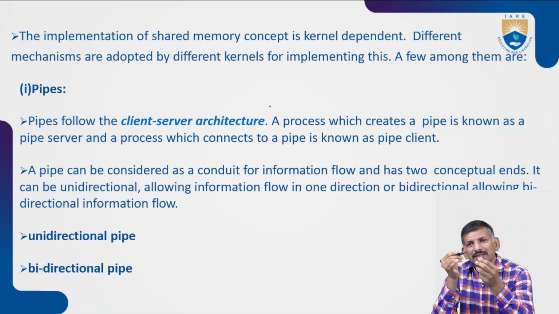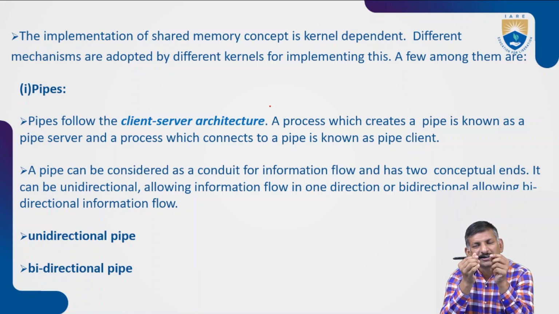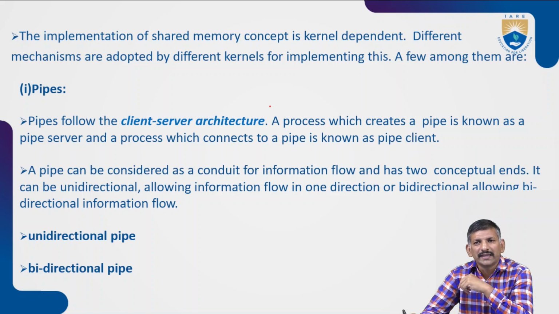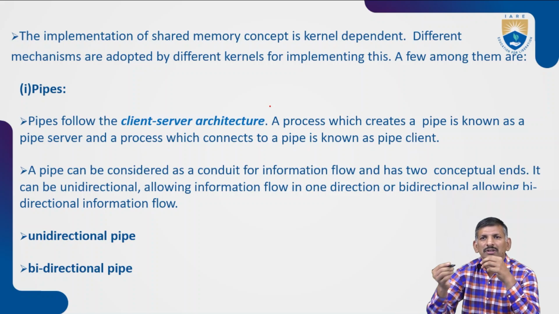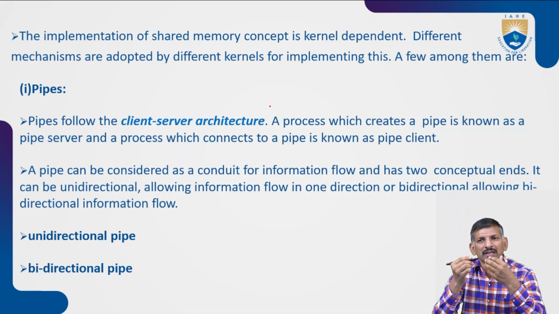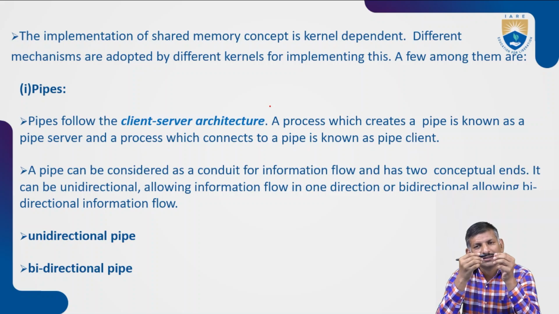This pipe has two ends. Suppose this is considered as a pipe, it has one end and another end. There are two types of pipes: unidirectional pipes and bidirectional pipes. Unidirectional means in one direction. Suppose I want to share information, that information is written at one end.